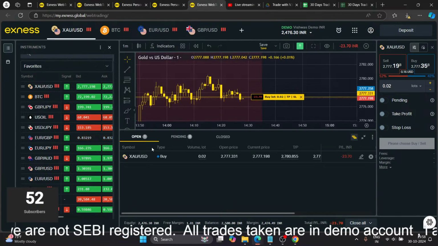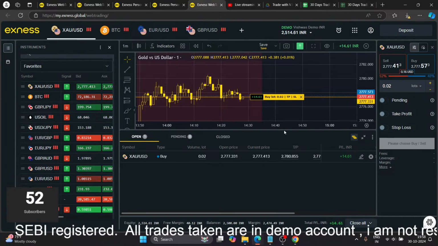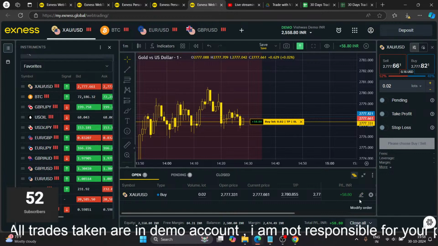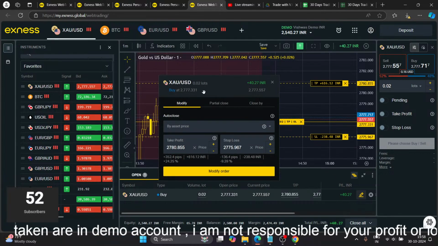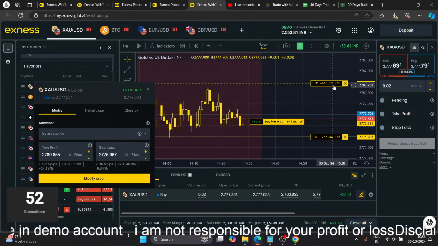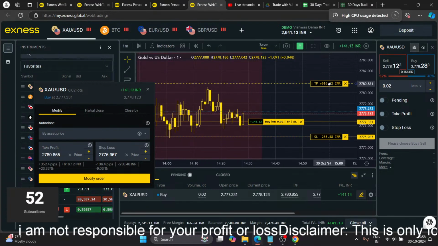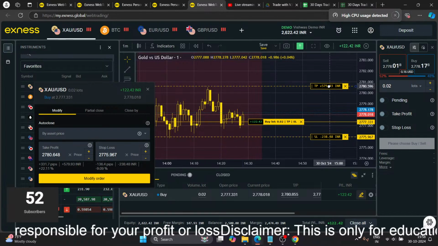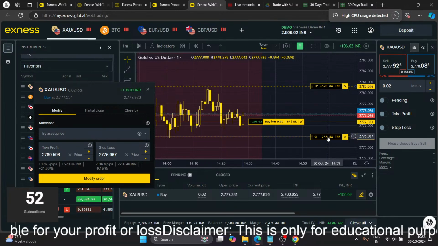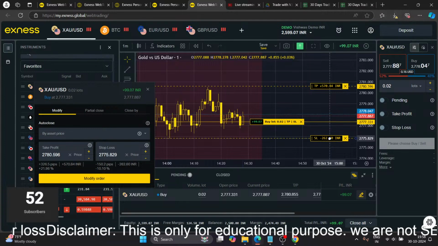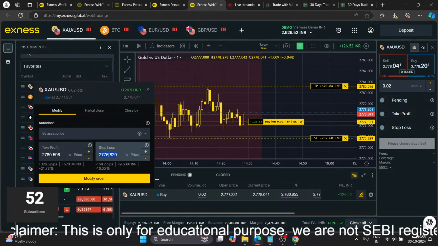You can see it in open orders. If it is going upwards, click on this pencil symbol, modify order, and you'll be able to see where your take profit is. Since the order is executed, you can adjust it accordingly. If the stop loss is too nearby after the order is executed, you can change it here by typing a number also.